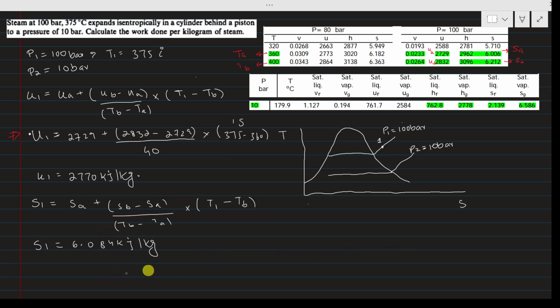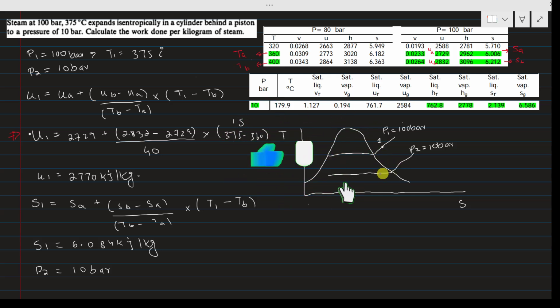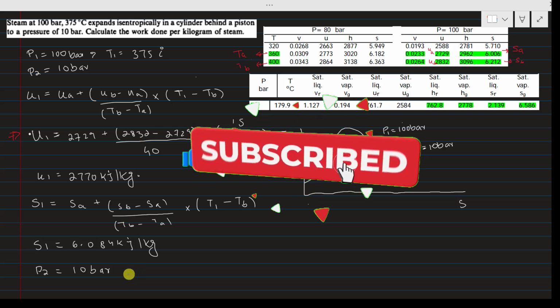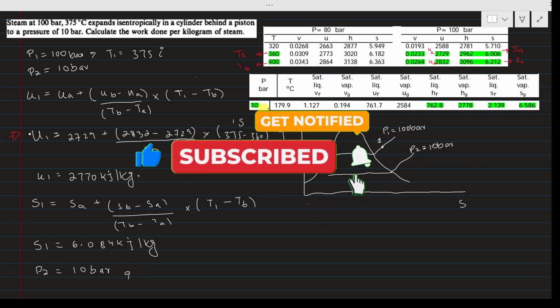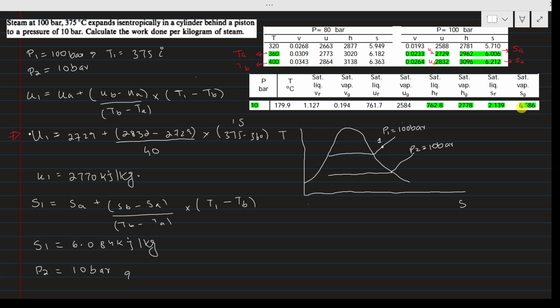Now come to state point 2. We have the pressure P2, that is 10 bar. When we did the isentropic expansion, the pressure dropped from P1 to P2. So where does our state point lie? For this we need the entropy at the saturated vapor line at 10 bar, that is 6.586.